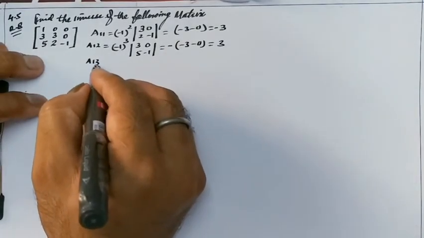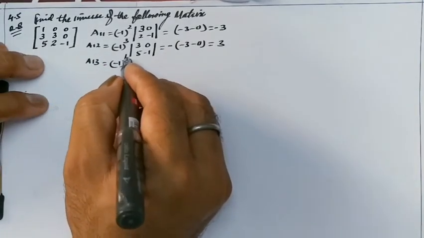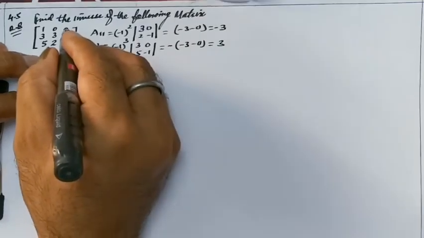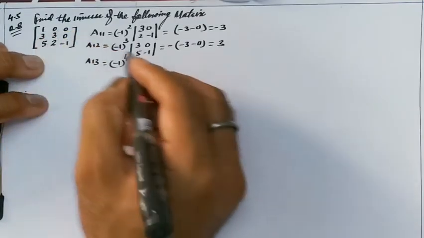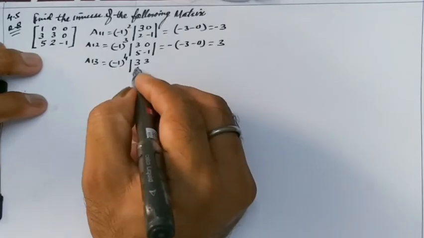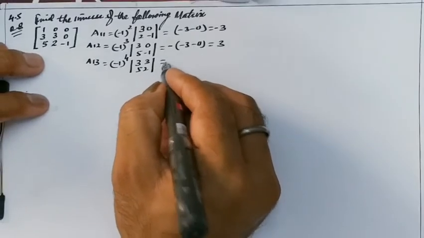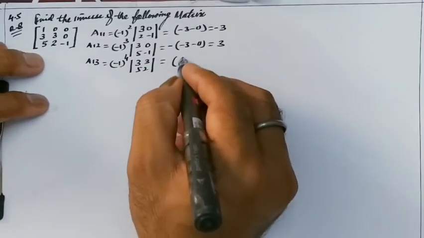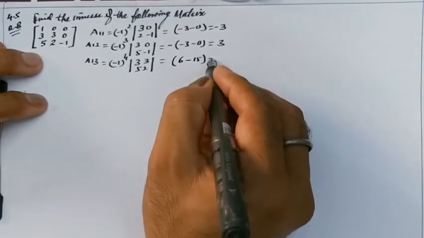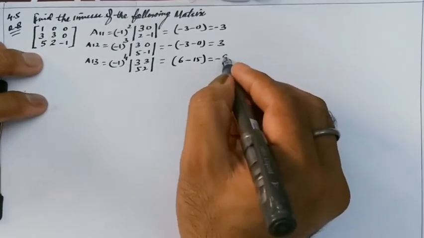And a13 is equal to minus 1 to the power 4, and this position is 1 3, leaving this way, 3 3, 5 2, which is equal to 6 minus 15, which is equal to minus 9.